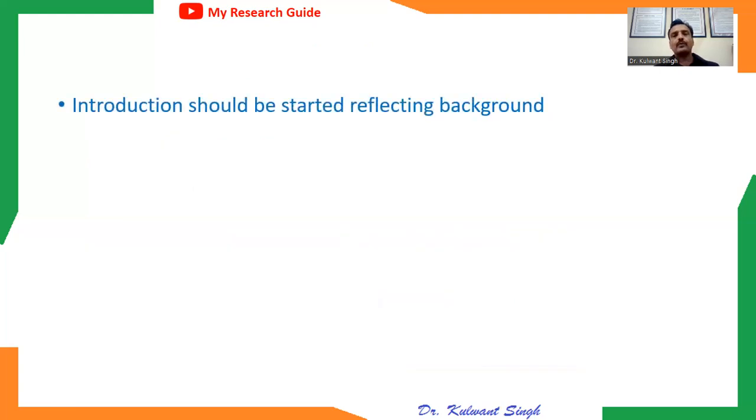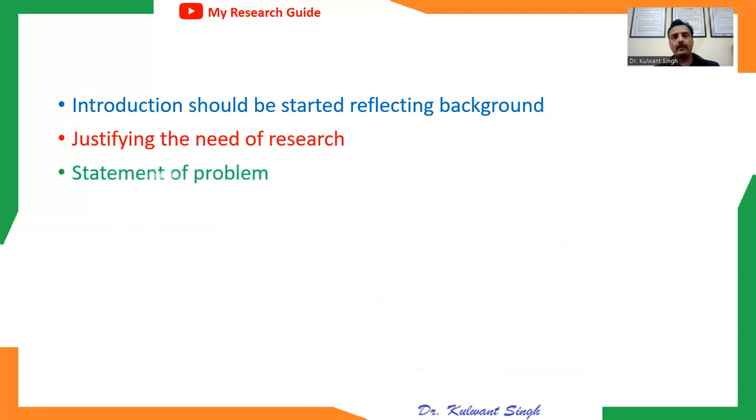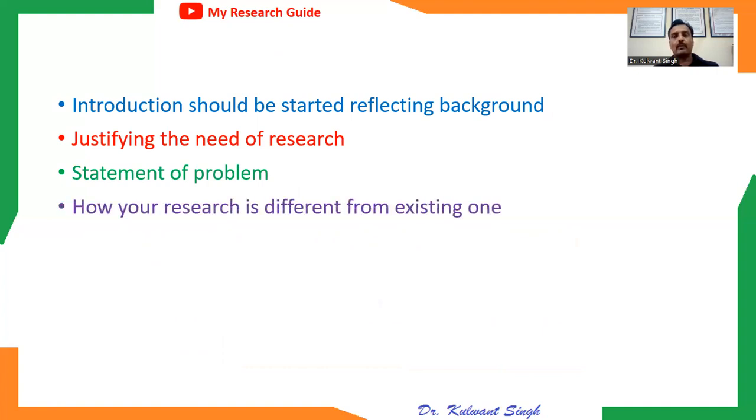So the introduction should start by reflecting the background of your topic. Justify the need of research. We have to write the statement of the problem in the introduction. Explain how your research is different from the existing one.